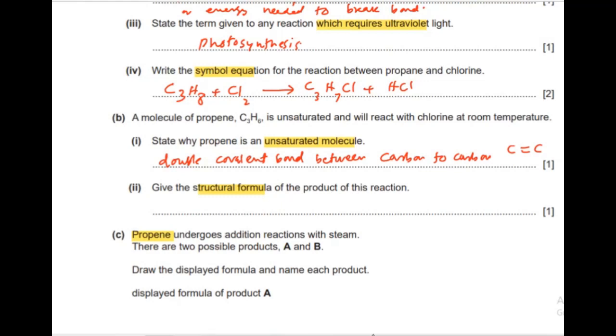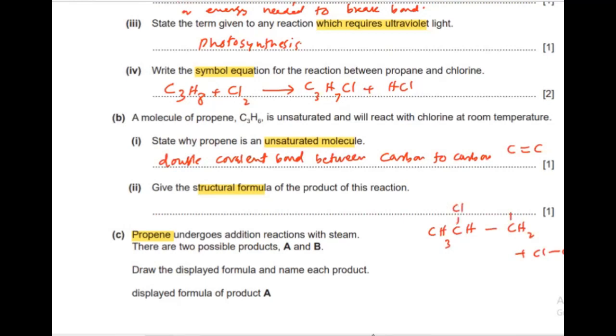So you know that the propene is like this, CH3, CH double bond, CH2. So if it reacts with the chlorine, the double bond must be broken. You can remove this double bond, and then you can add one chlorine with this carbon and a second chlorine with this carbon.